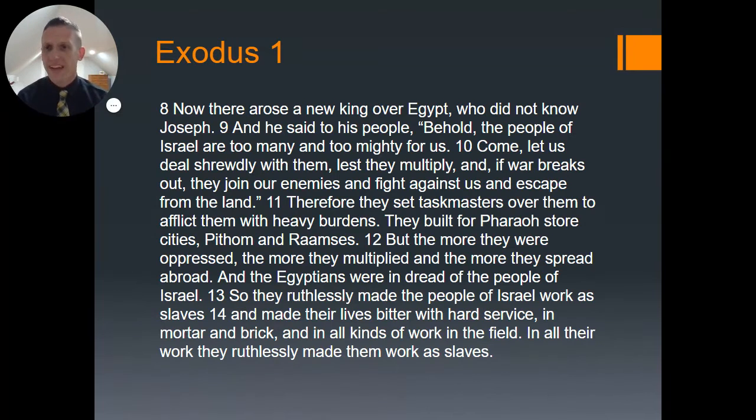Now remember, at the end of the book of Genesis, God empowers Joseph, right? And Joseph uses his power to save the Egyptians. But one of the things that happens in his saving of the Egyptians is that the Egyptian people spend all of their money buying grain from Joseph. They sell all their land and their property to buy grain from Joseph in order to survive the 7 years of famine.